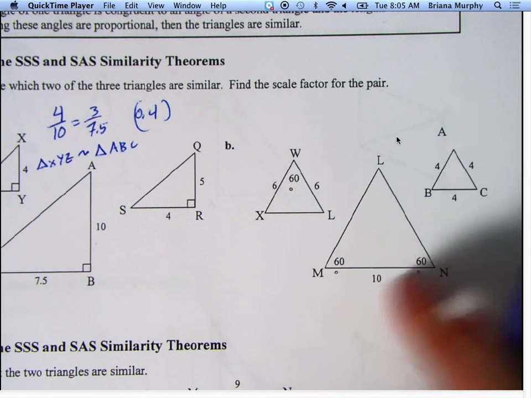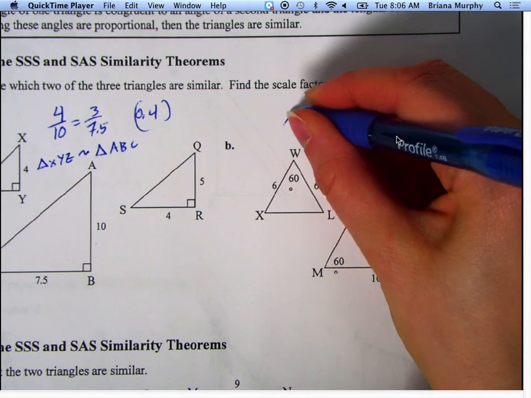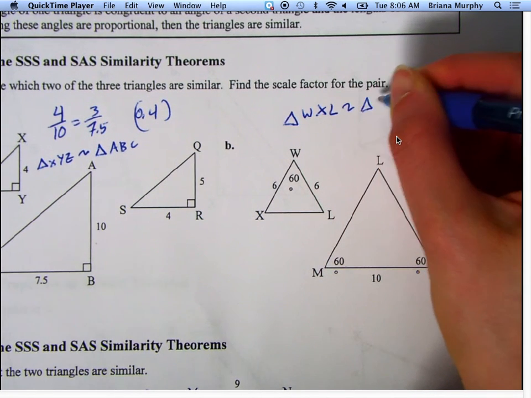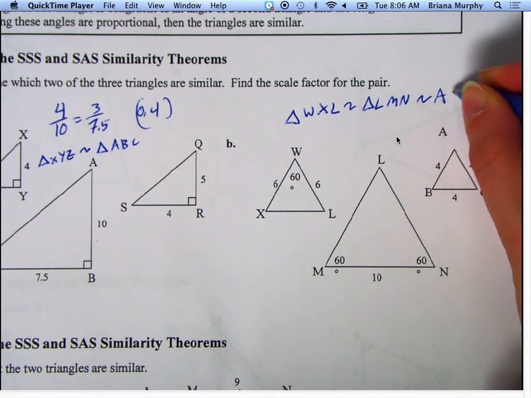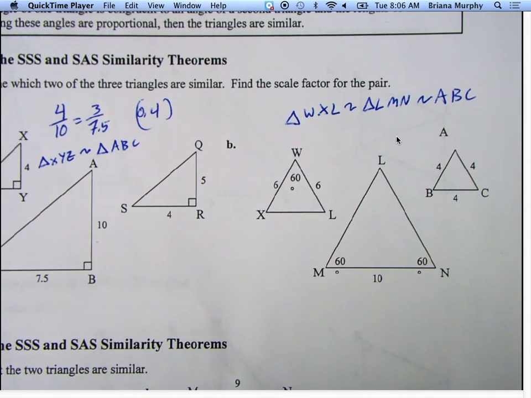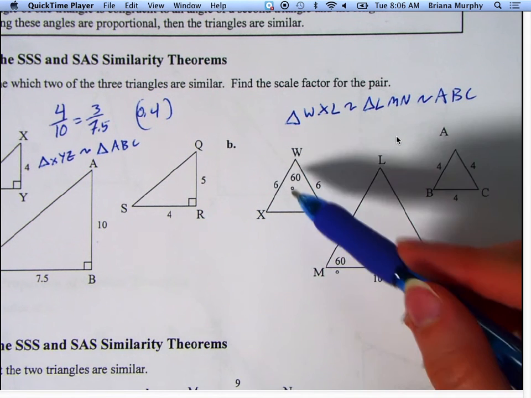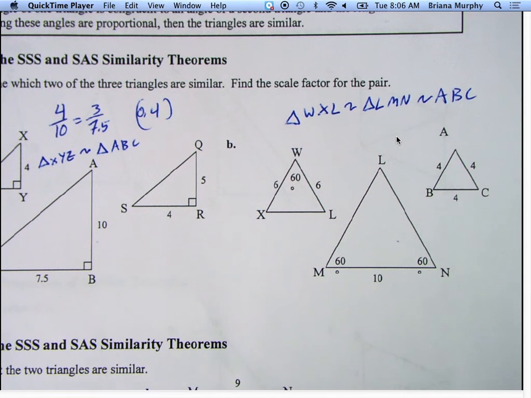So B, these are what? All of these triangles are what? Equilateral. So they are all similar. Okay? So I can say triangle WXL is similar to triangle LMN, which is similar to triangle ABC. But now the hard part is the scale factor. Okay? So to get from WXYZ to LMN, what would we have to do?